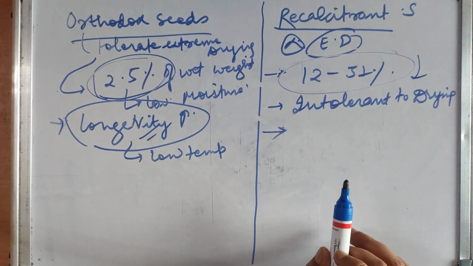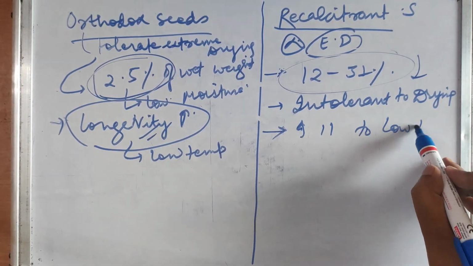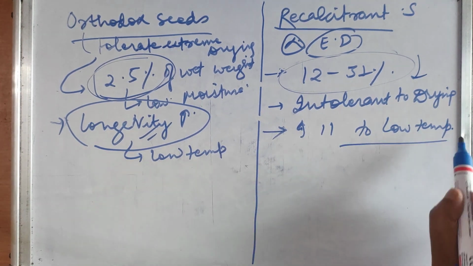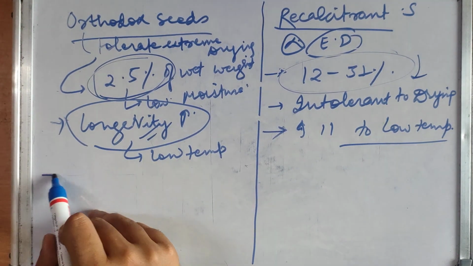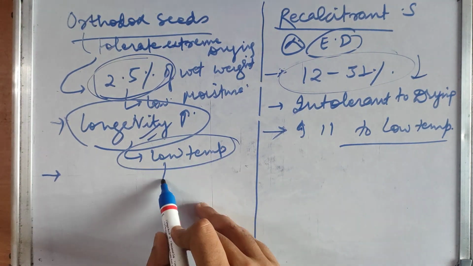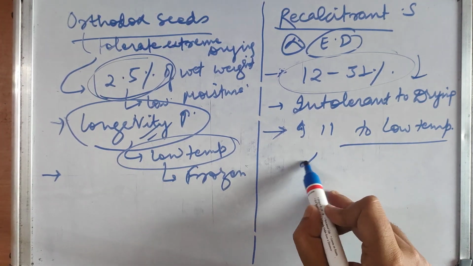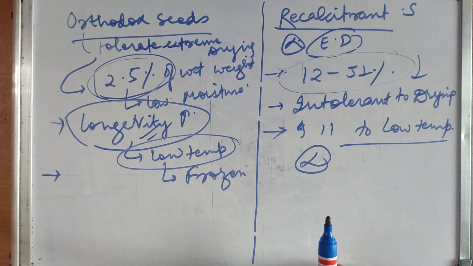But recalcitrant seeds are intolerant to low temperature. Hence they cannot be active for a long time, whereas orthodox seeds are active for a very long time. As they are tolerant to low temperature, they can be frozen also. But recalcitrant seeds cannot be frozen.